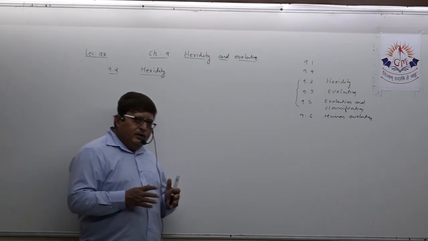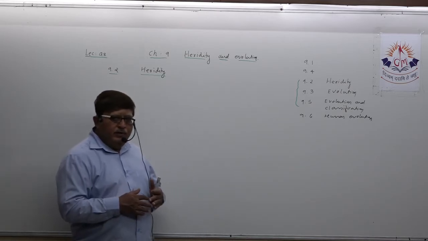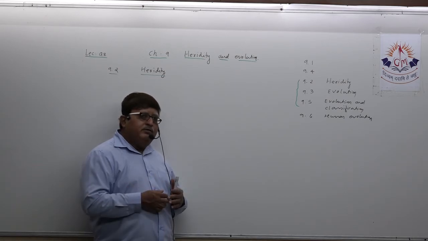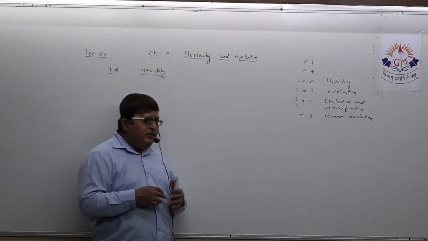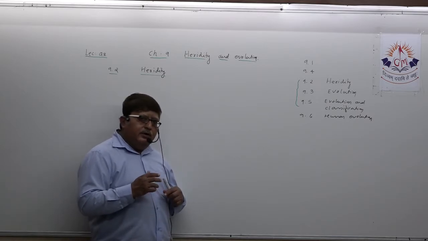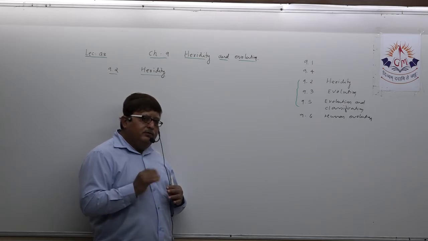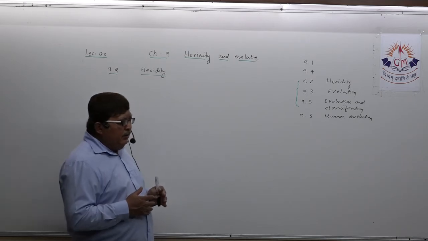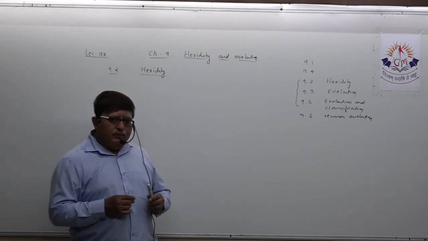That's why experiment performed by Mendel, at the same time the conclusion which were derived by him are considered very authentic in understanding the process of heredity, that is transfer of character from one generation to another, which we call inheritance of hereditary traits. Understand?